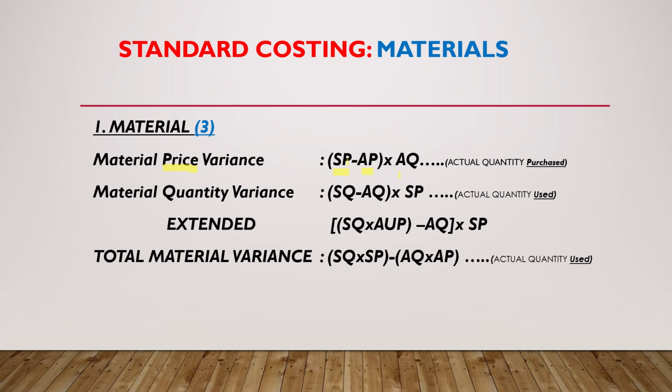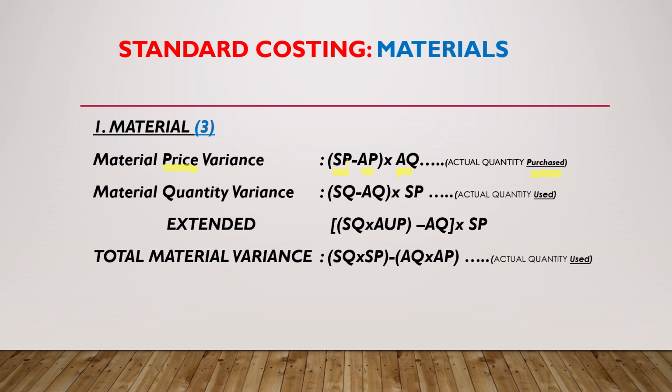Here we are talking about the actual quantity that was purchased, because we're talking about price, so we're talking about purchases. So please take note of this. When you are talking about price, the actual quantity is the quantity purchased.